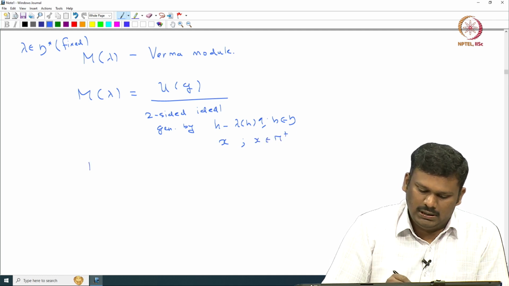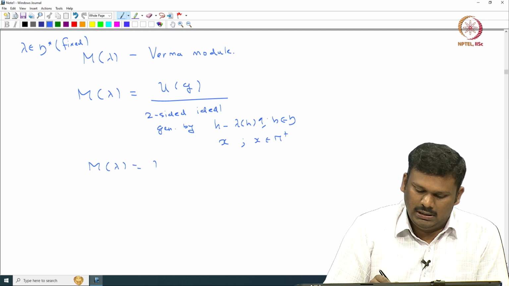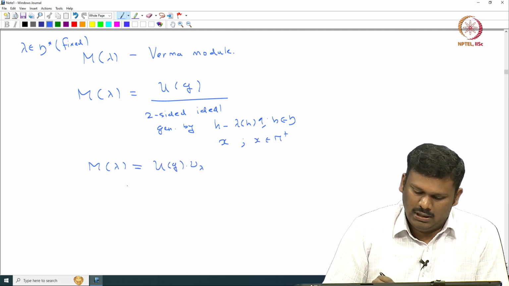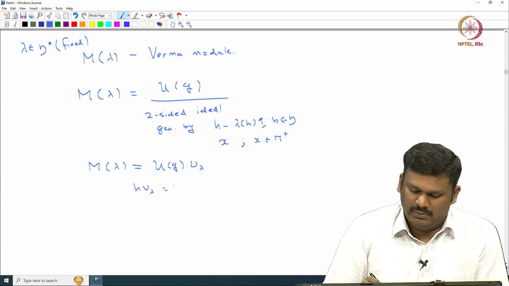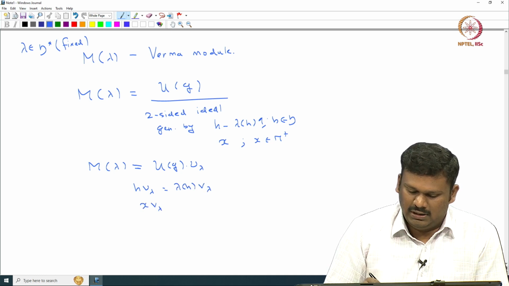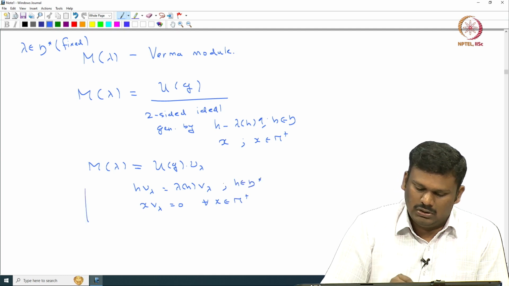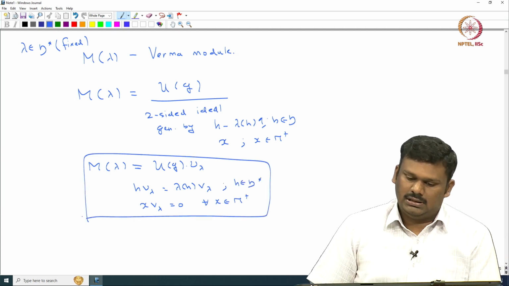In particular, M of lambda is generated by this small v lambda, where h v lambda is given by lambda of h v lambda and x v lambda is killed for all x in n plus. This is for all h in h. These things we have already realized.